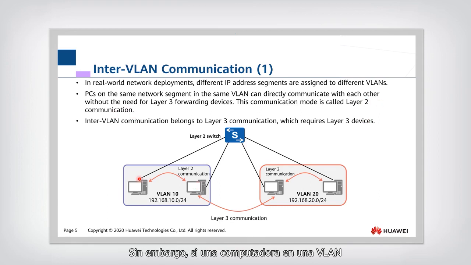However, if one PC in one VLAN wants to communicate with another PC in another VLAN, then we cannot only use layer 2 devices. Instead, we need layer 3 devices to support this kind of service. So inter-VLAN communication actually belongs to layer 3 communication, so it requires layer 3 devices.